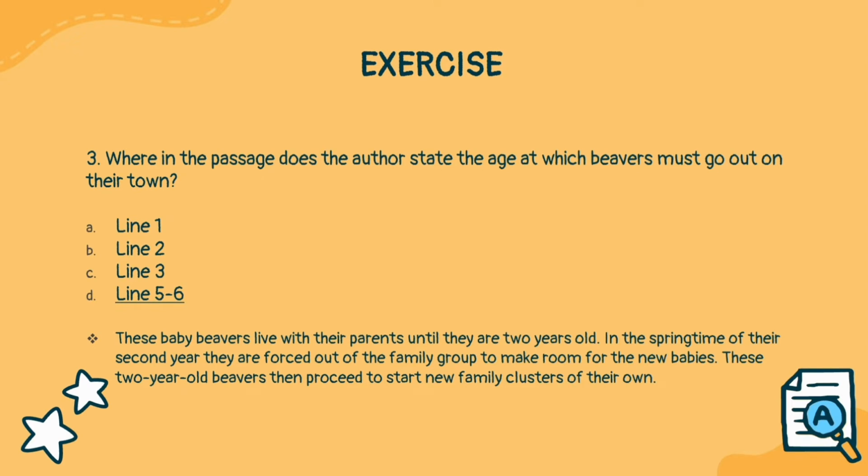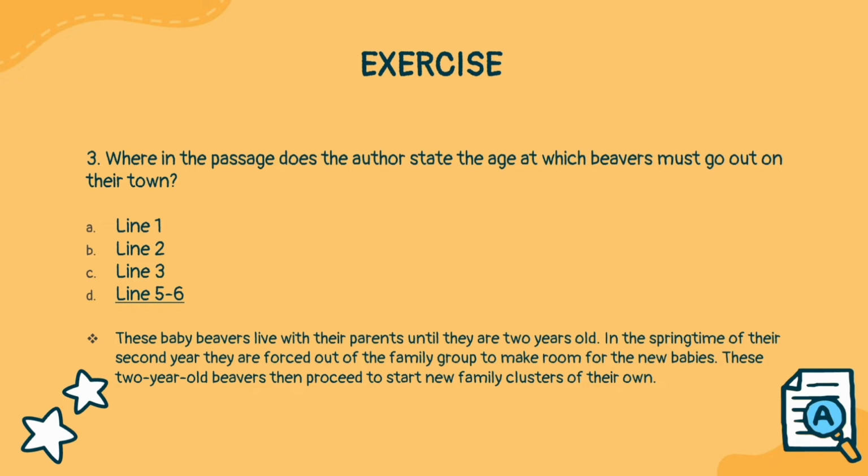And number 3. Where in the passage does the author state the age at which beavers must go out on their own? A, line 1, B, line 2, C, line 3, and D, line 5 and 6.